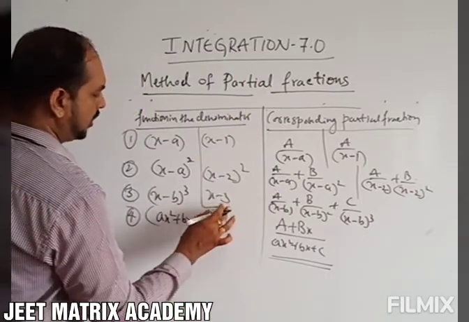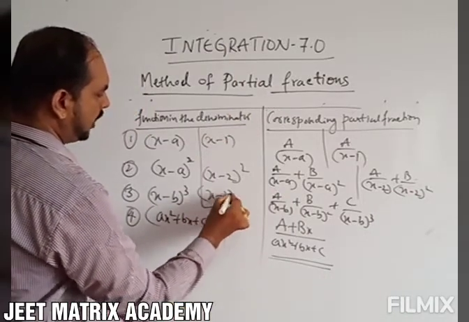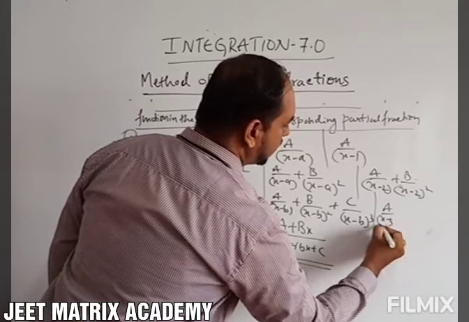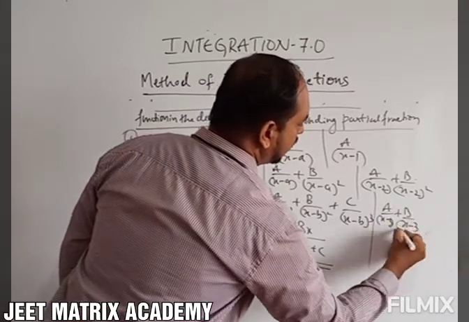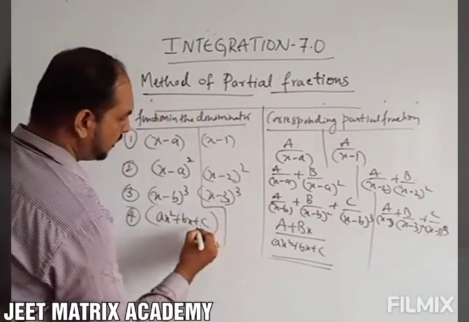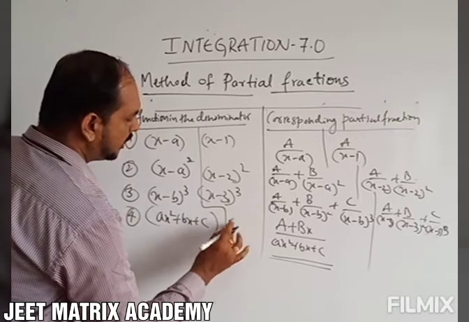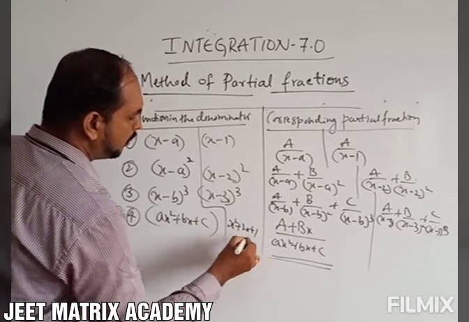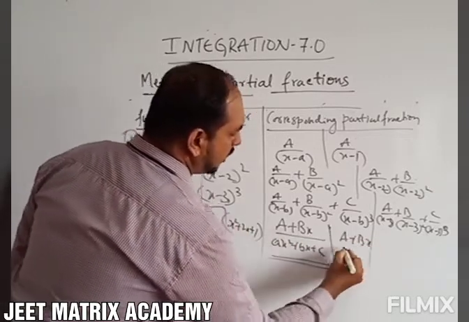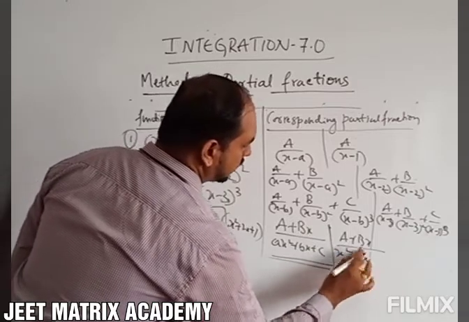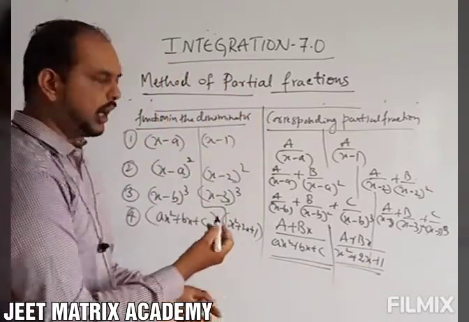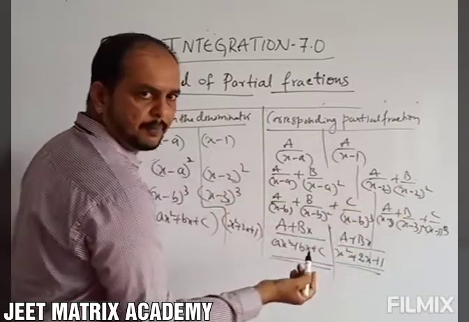For x minus 3 whole cube, tell me what you are supposed to write: A divided by x minus 3 plus B divided by x minus 3 whole square plus C divided by x minus 3 whole to the power 3. If it is a quadratic like x square plus 2x plus 1, then we are supposed to write A plus Bx divided by x square plus 2x plus 1.